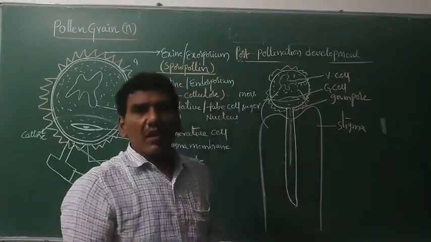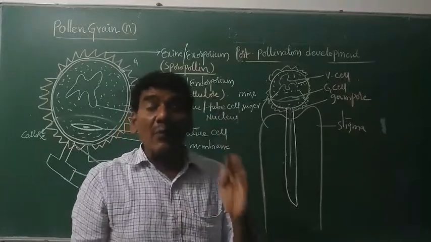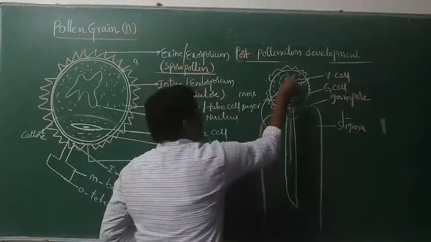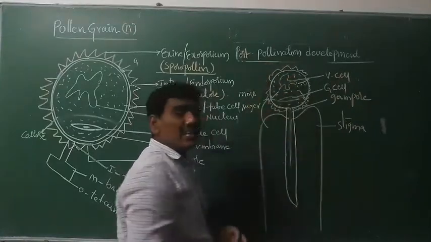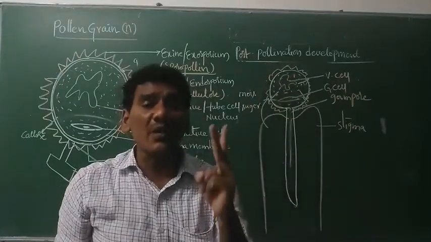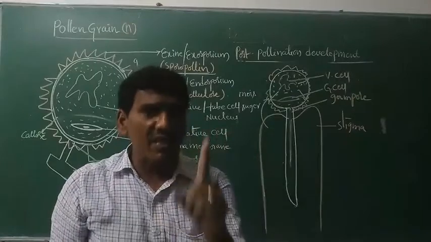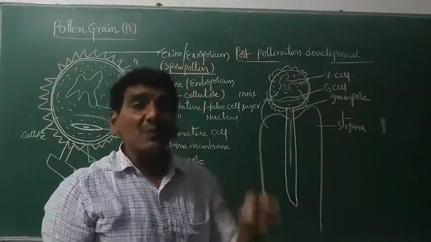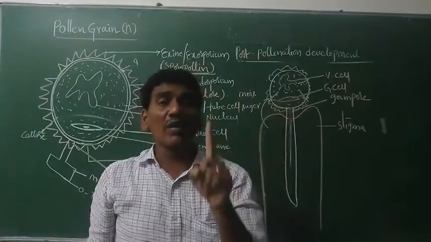Once the pollen tube is developed from the pollen grain, how many cells are initially present inside? Two cells are present: one is the vegetative cell, one is the generative cell. Before explaining this point, one more important point.